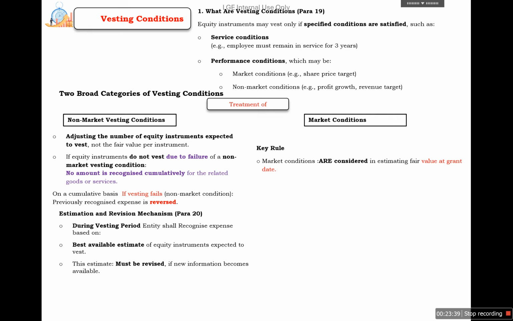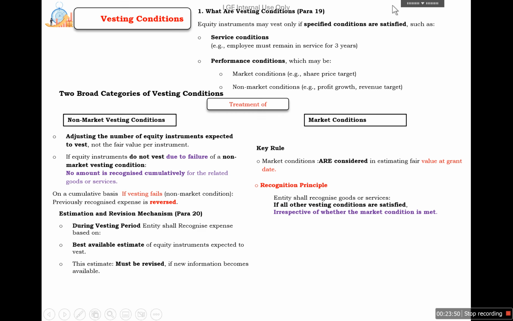So the recognition principle is that the entity will recognize the goods and services if all the vesting conditions are satisfied, but it will not consider the market condition for recognition of expense.